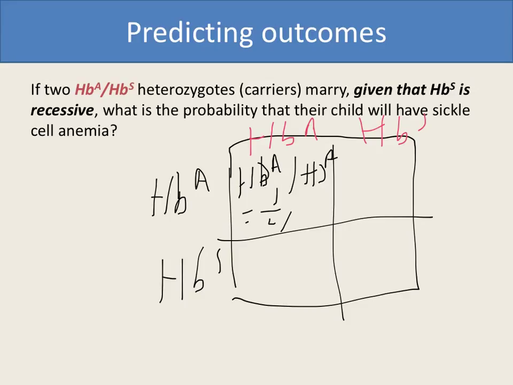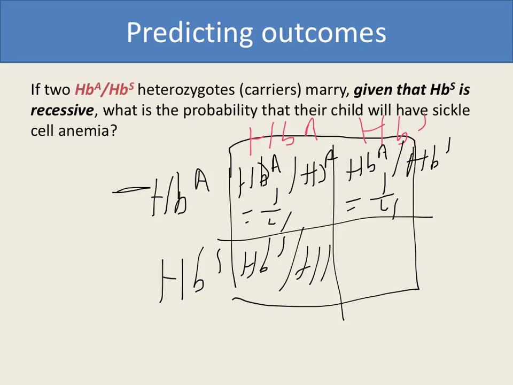Go along with this individual right here, and we go to HBS. Then we have an HBA, HBS heterozygote. That's also 1/4. Here we have HBS, HBA, 1/4. Now, this is the same as this.